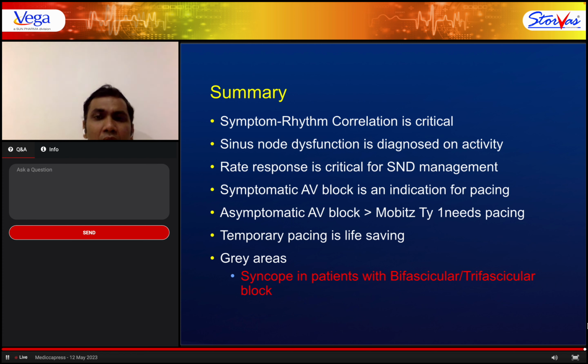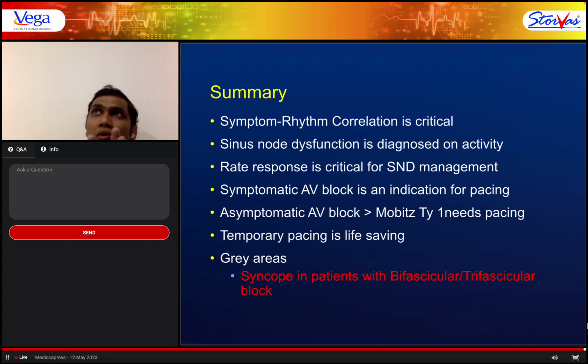Asymptomatic AV block, if it is more than Mobitz type 1, that is, the PR interval is fixed and there is a sudden loss of conduction of one sinus P wave to the ventricle, even if that is asymptomatic, you will need pacing in these patients.